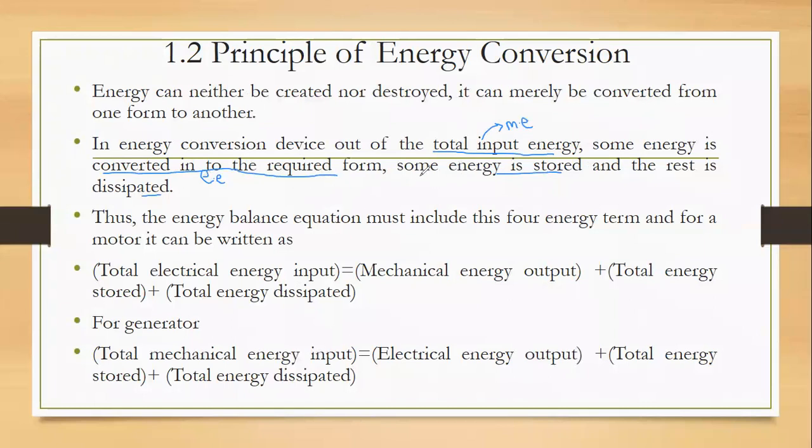Some energy is stored. This stored energy can be stored in the magnetic field and in the mechanical system. So it's stored in two ways, in the magnetic field and in the mechanical system. And the rest is dissipated. Dissipated means it's lost, right?